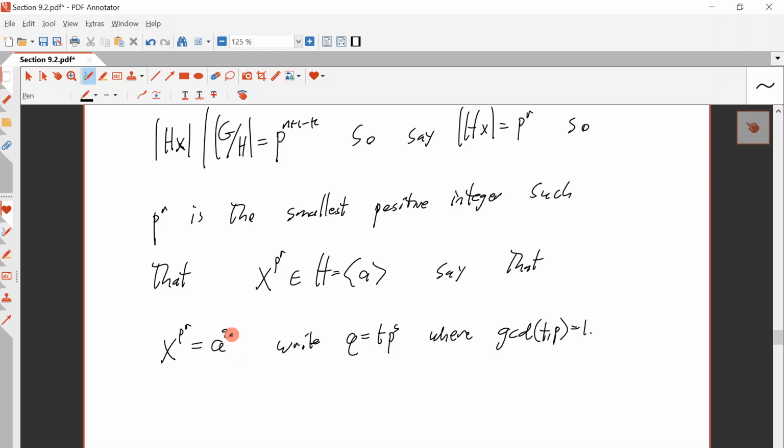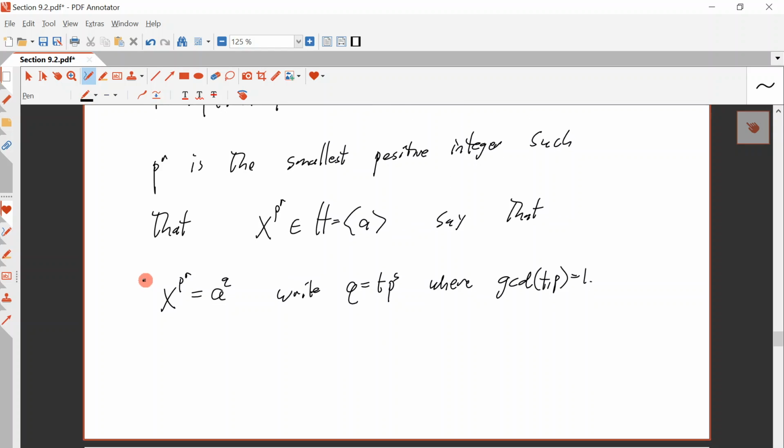If you take the prime factorization of q, there are so many factors of p, and then t has no factors of p. So you're factoring all the p's out of q. There may not be any a priori, but there might be. So you just peel them off that way.